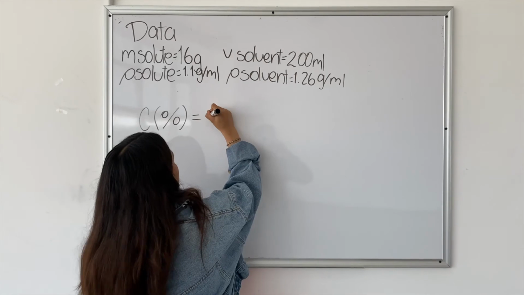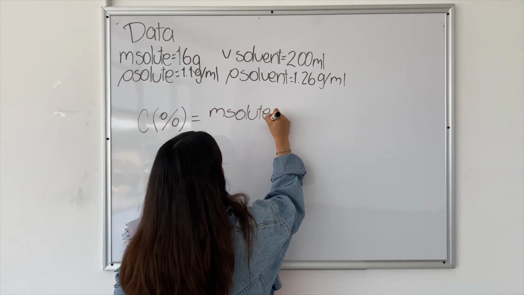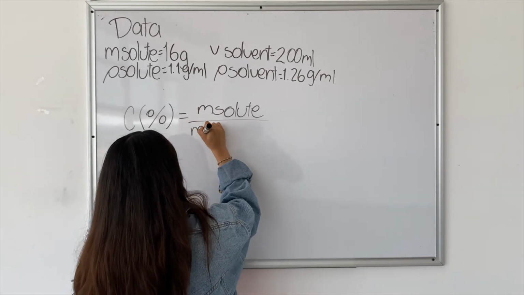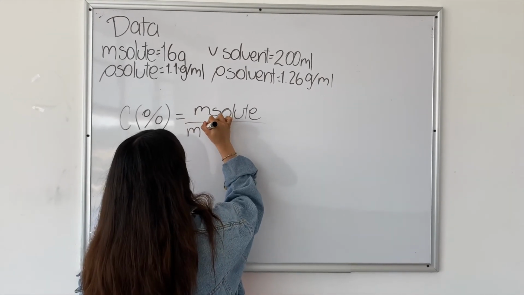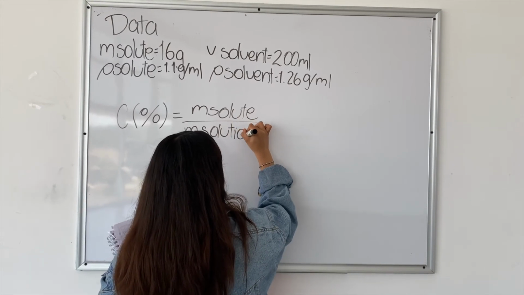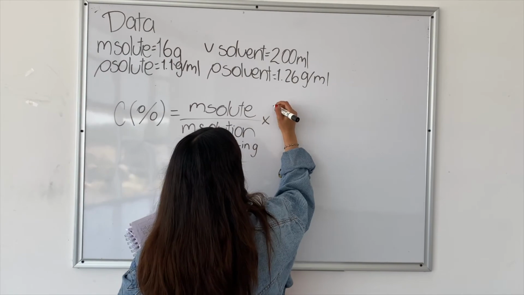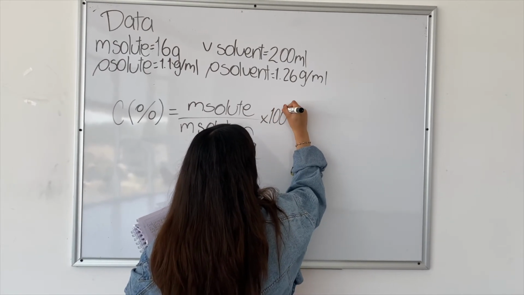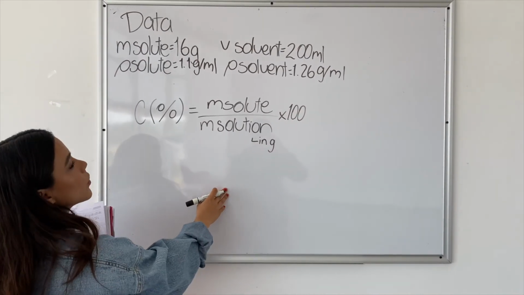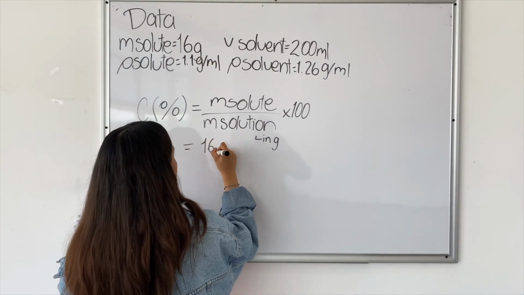So it would be mass of solute over mass of solution in grams times 100. Okay, so as we already know, we already have the mass of solute, which would be 16 grams.